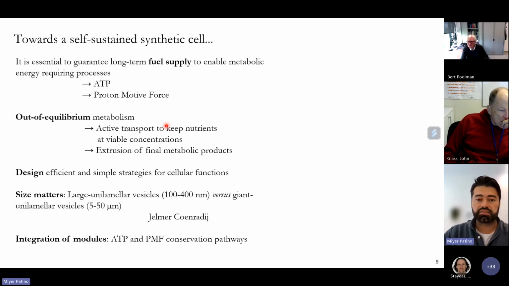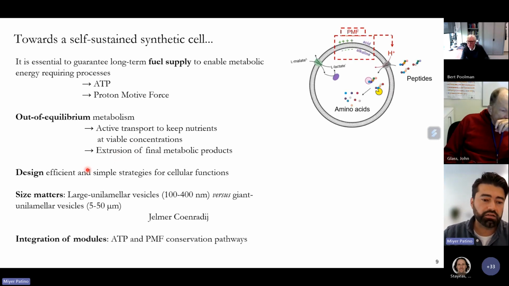So, synthetic cells that are able to work in a sustainable manner over time. And for that, we believe active transport is essential, not only to keep concentrations of nutrients at viable concentrations for metabolism, but also to get rid of metabolic products.